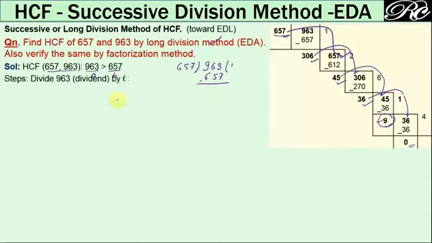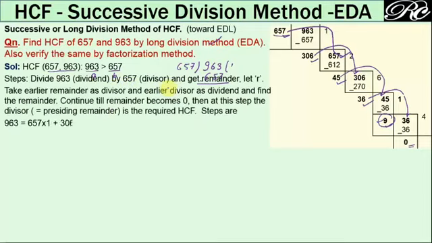The same thing is written here. Dividing 963 as dividend by 657 as divisor we get remainder R. Take the earlier remainder as divisor and earlier divisor as dividend and find the remainder. Continue till the remainder becomes 0. Then at this step the divisor, meaning the preceding remainder, is the required HCF.